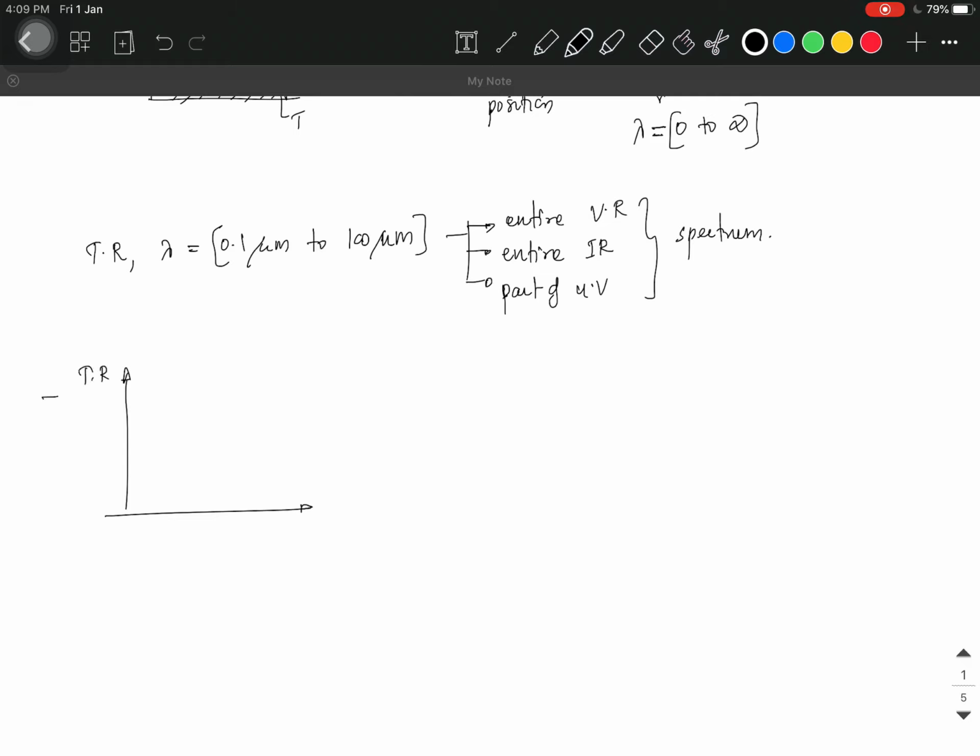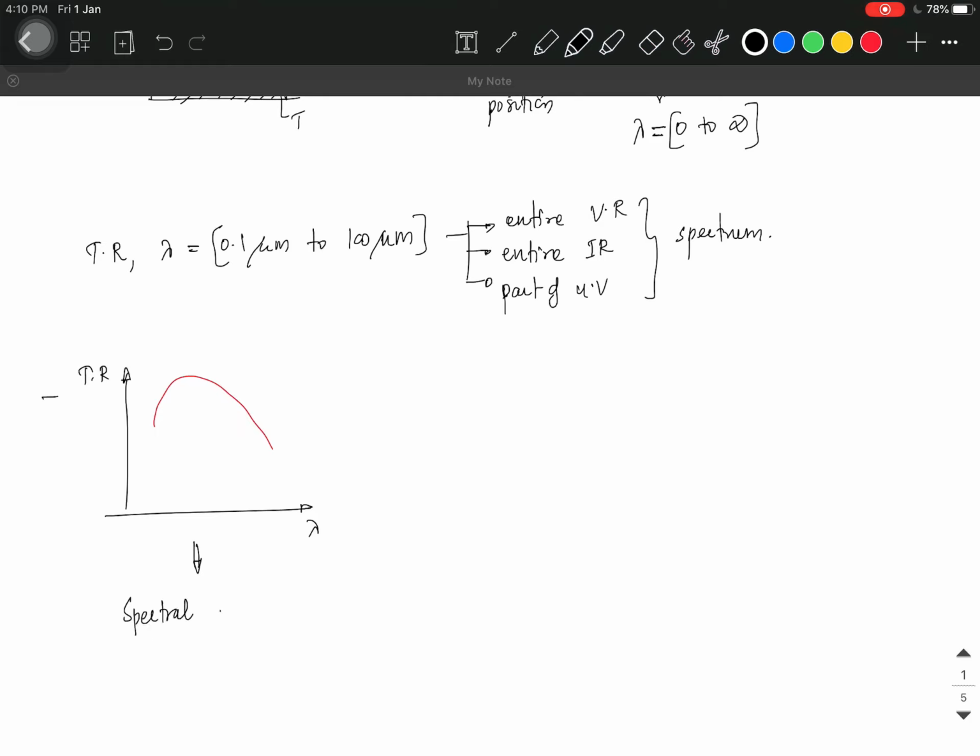If we plot the thermal radiations emitted from a particular body, in the y-axis we have the thermal radiation, and we know that thermal radiation has different wavelengths. So if we plot the thermal radiation of a body considering all the wavelengths, we get a graph like this.